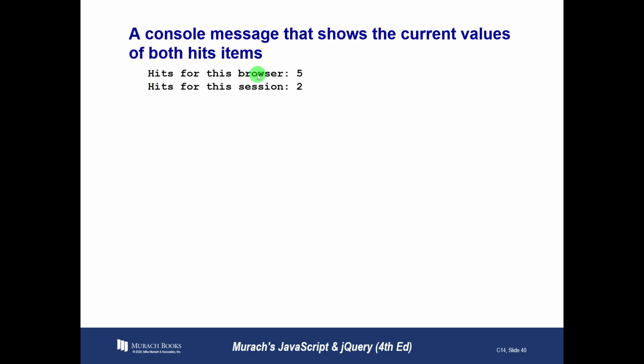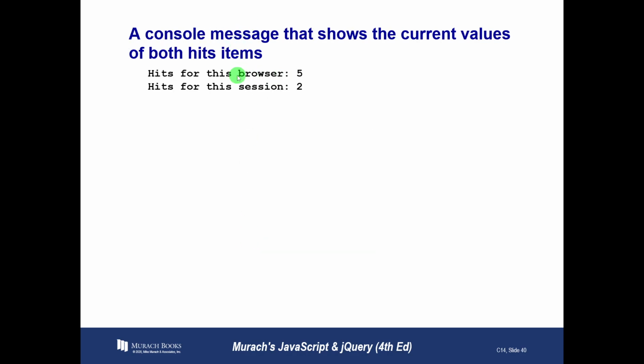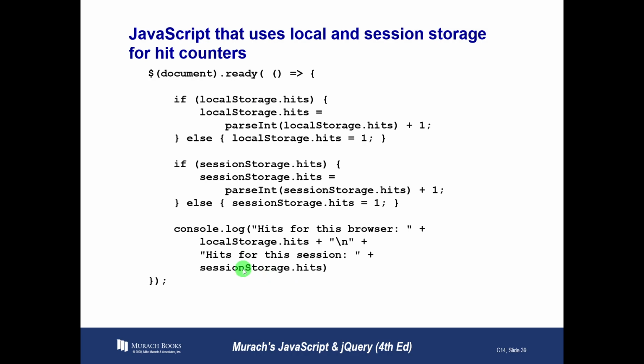So the hits from local storage, because they were persistent, stayed at 3, and then 2 more reloads moved it up to 5. The session, when we shut it down, got set to 0. When the page was reloaded 2 more times, 0 got moved up to 2. So that's the difference. They're just demonstrating the difference between the local storage being persistent and the session storage not being persistent.